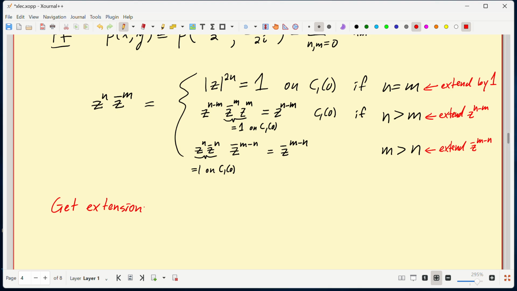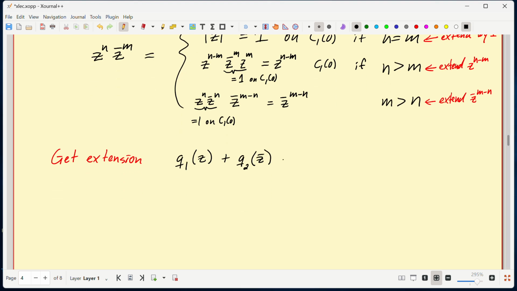It's going to be a polynomial in z and z bar. So it's going to look like, I get a q1 of z plus q2 of z bar, where these are polynomials with complex coefficients.